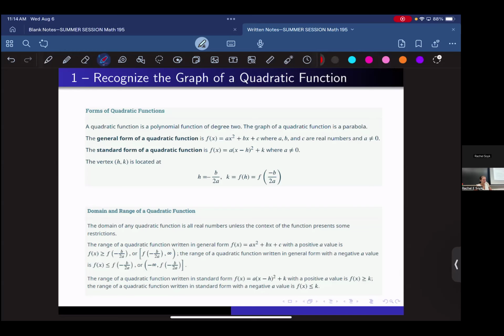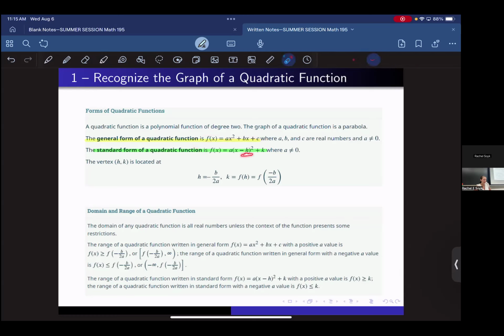I think you guys are most used to the general quadratic form, which is our whole ax squared plus bx plus c. But then we also have our standard form, which is our a in parentheses x minus h squared plus k. I kind of call this vertex form because you're very easily able to identify what your vertex is from your standard form.